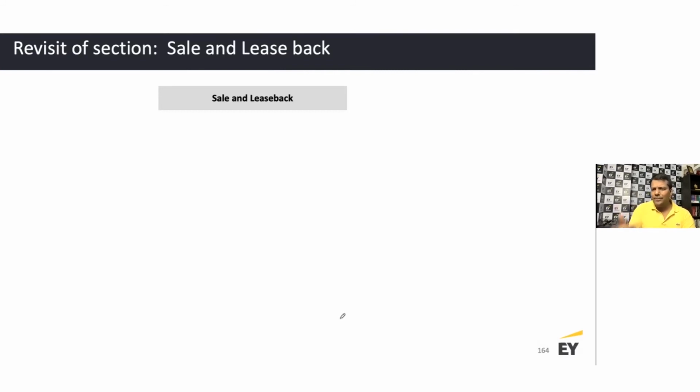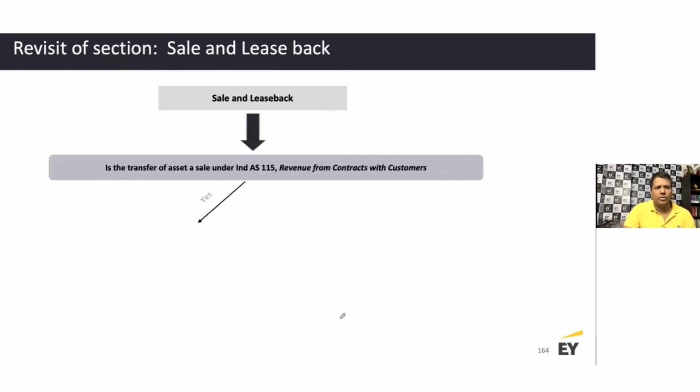Again, these are two independent contracts. So I have to evaluate whether it meets the test of a sale under the Ind AS 115 model. Is there a transfer of control? If the answer to that is yes, I'm going to record that as a sale. Then the question comes, how much is the gain I need to record? The gain on sale is with reference to the proportion of the interest which has been transferred, and that is the portion you're going to record as gain. And we saw the example of the way all of this needs to be dealt with.